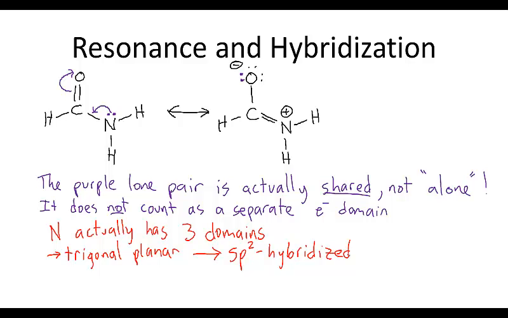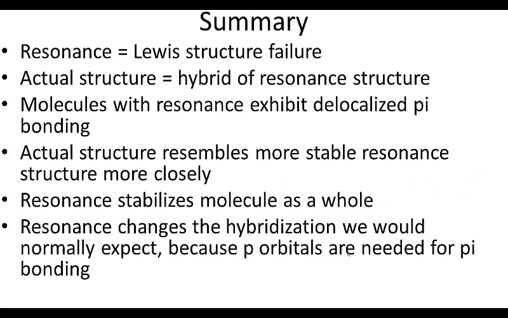So just to quickly summarize, resonance is a failure of Lewis structures. It means a single Lewis structure is just not good enough. The actual structure is a hybrid of resonance structures. Molecules with resonance exhibit delocalized pi bonding, pi bonds that are shared among more than 2 atoms.